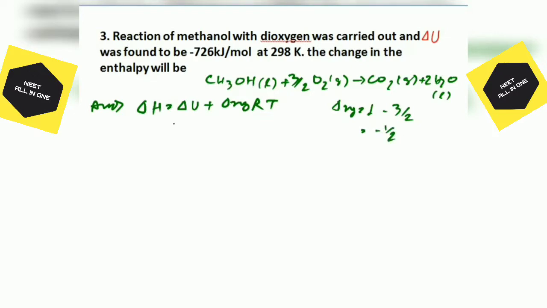Let's put the given values here. Since it is given in kilojoules, we write it like this: minus half into the value of R, which is 8.314 joule per Kelvin per mole, and our T will be 298.